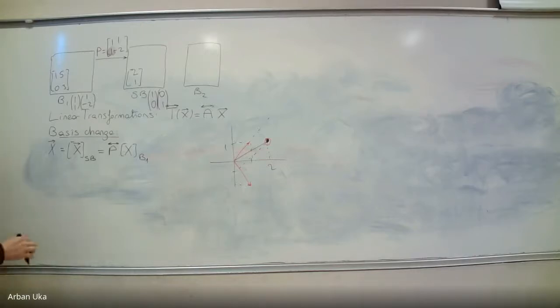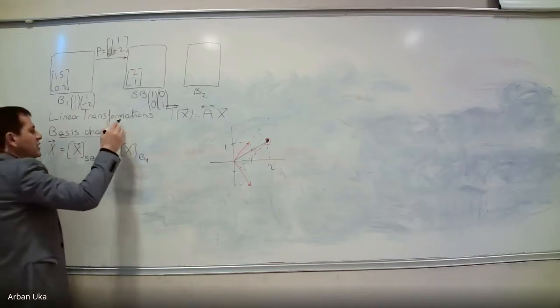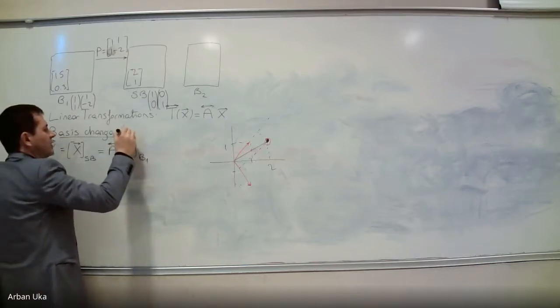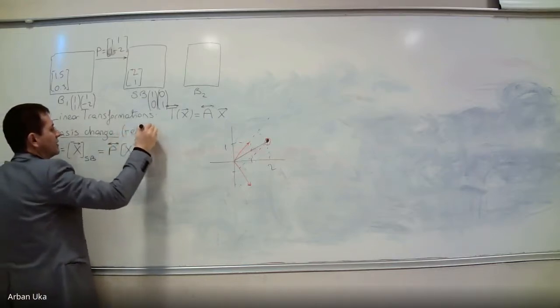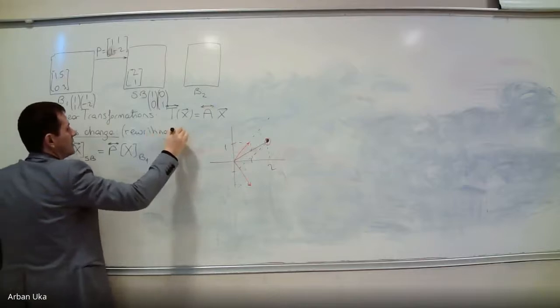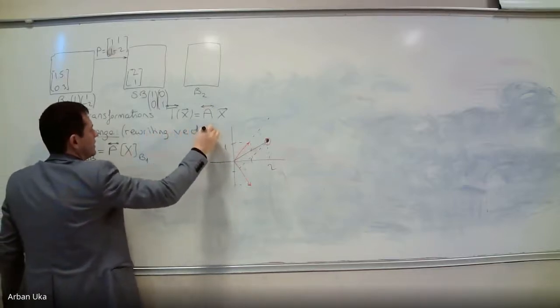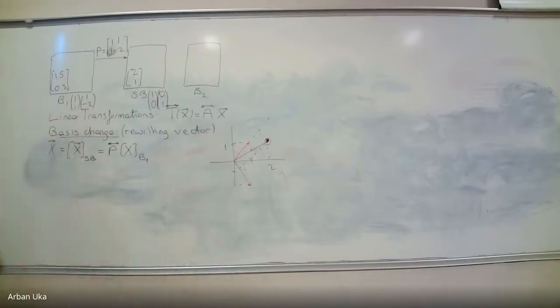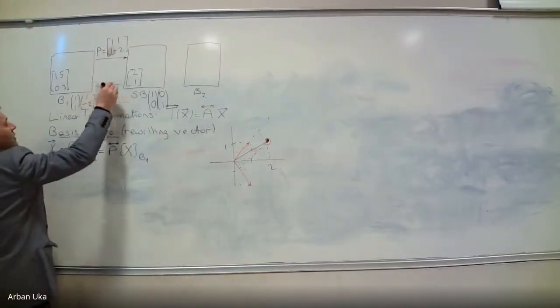Now, the linear transformation and the basis change. This is rewriting the vector, and for this, this is all that we need.